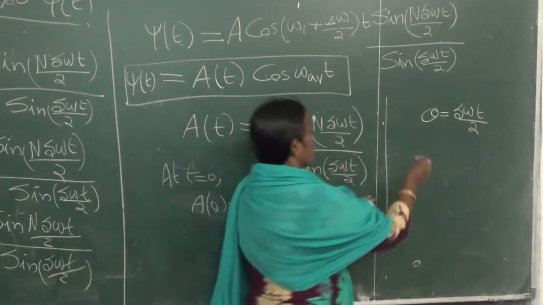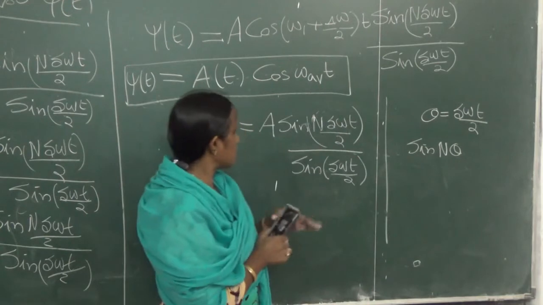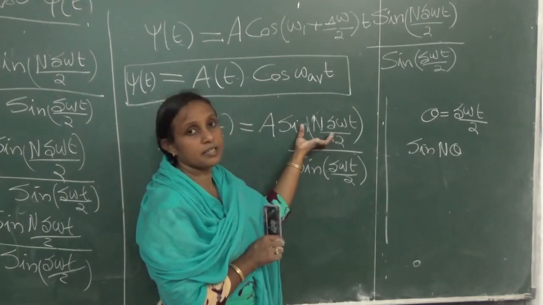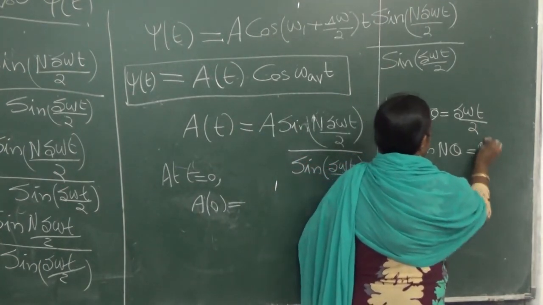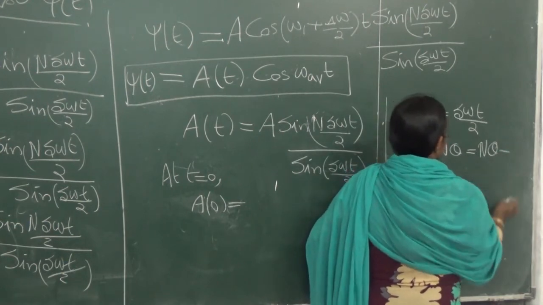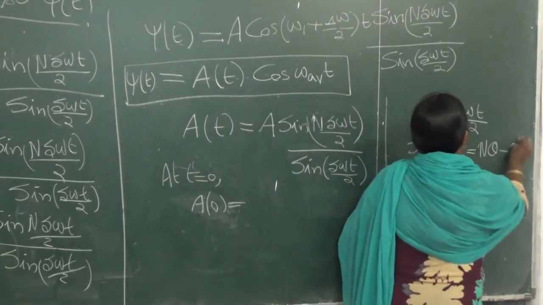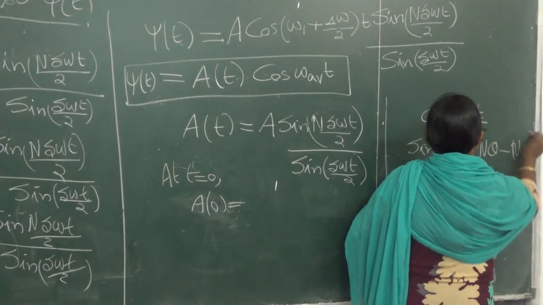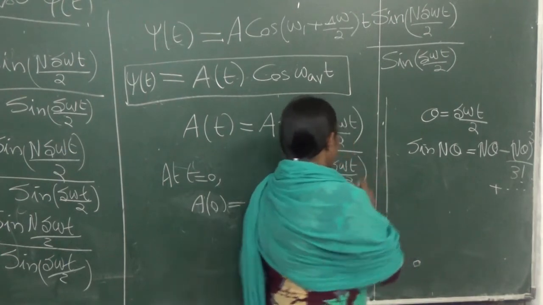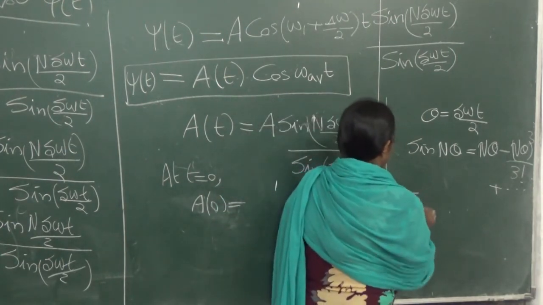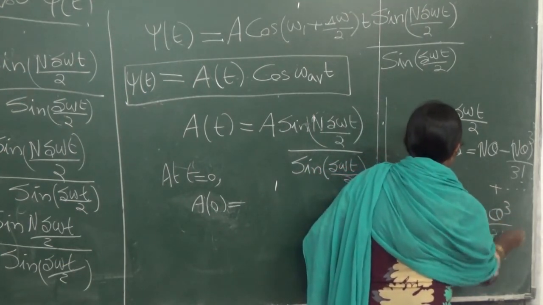Then the numerator becomes sin n theta, and sin n theta equals n theta minus (n theta) cube by 3 factorial plus etc. Similarly, you can write for sin theta also: theta minus theta cube by 3 factorial plus like that.